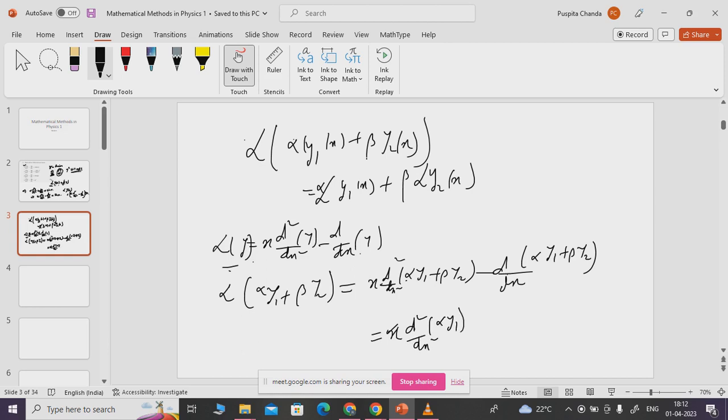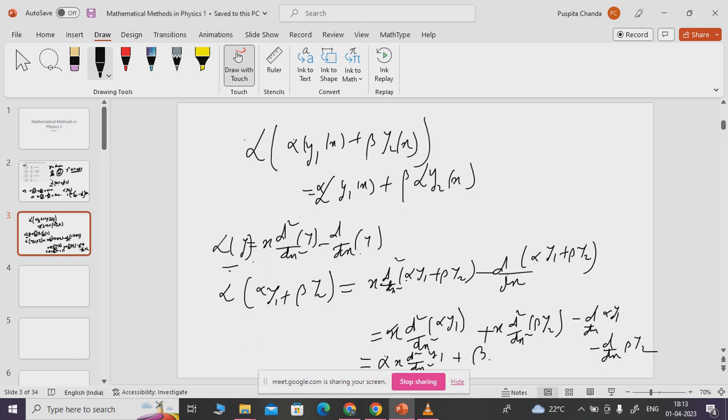Alpha is a constant, so it will be alpha x d2/dx2 y1, plus beta is a constant, so beta times x d2/dx2 y2, minus alpha d/dx y1, minus beta d/dx y2.